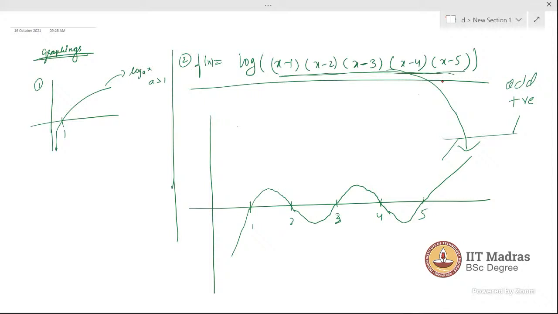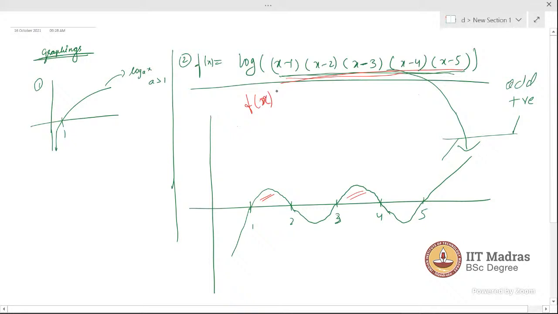Now we know the log function, when you take the product of all these, it has to be positive, isn't it? So you see this is positive over here. That means my log function will be defined for this region, for this region, and for this region, and this will be defined only for this region, right? So what do we mean by this? When I say x equals 5, what will be my graph of f of x?